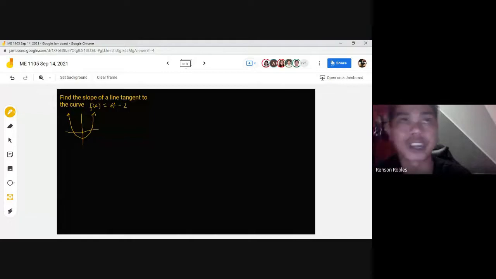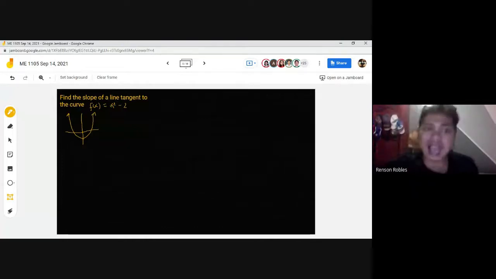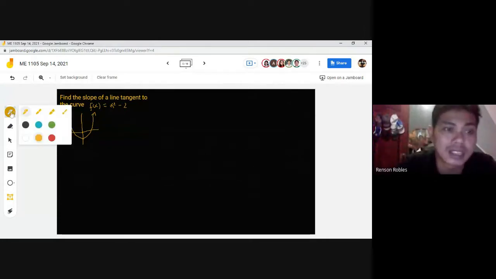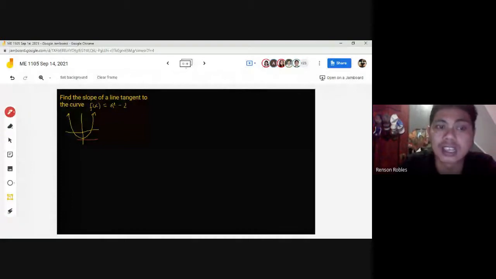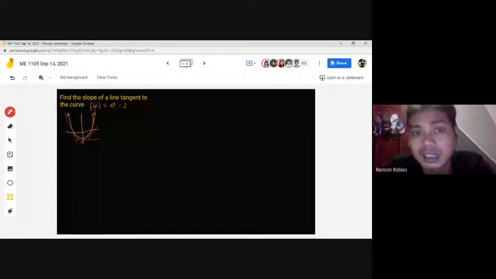For each point, you can affix one tangent line. Since that parabola x squared minus 2 has many points, then you can draw infinitely many tangent lines. So this is the horizontal tangent whose slope is 0. And then dito pa sa taas. So there are infinitely many lines tangent to that curve.